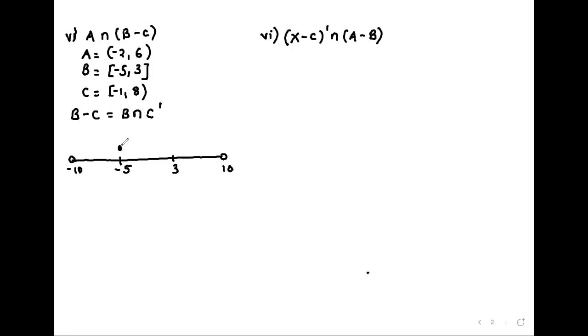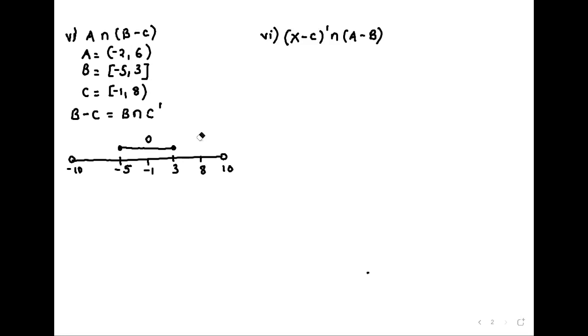This is B. And then C is -1 to 8. It's closed here, so the complement will be open. And then it will be closed here.